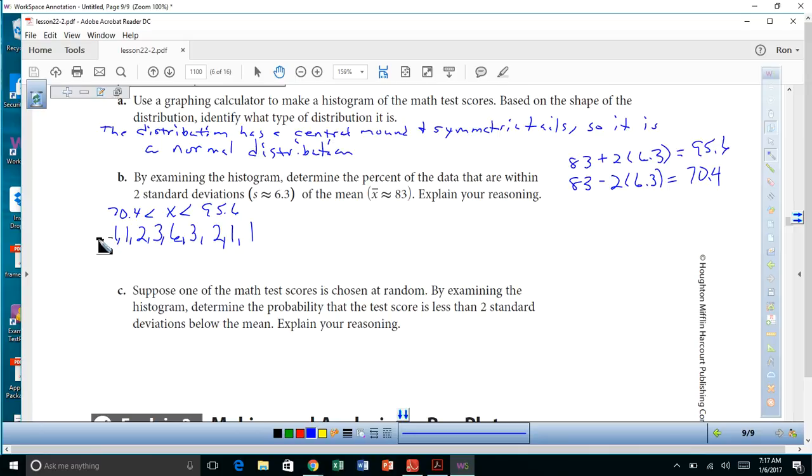So it's 1, 2, 4, 7, 13, 16, 17, 18, 19, 20. So we have 20 data values.